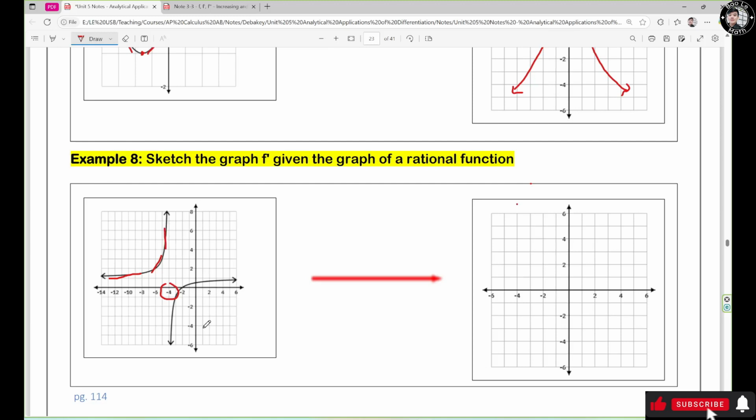Which means it's going to be positive, right? So it's going to be above the axis, so it could be something like this. Alright, similarly, you're going to draw the tangent line of this guy and you see that the tangent line is getting less steep, right? And the slope is still positive, right? So it could be like this.